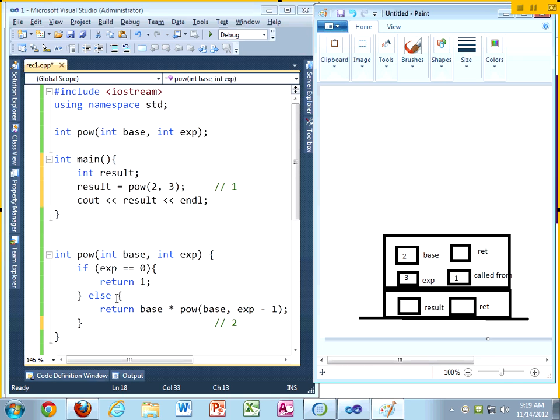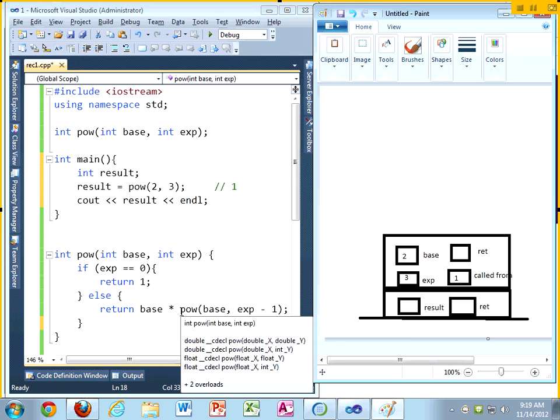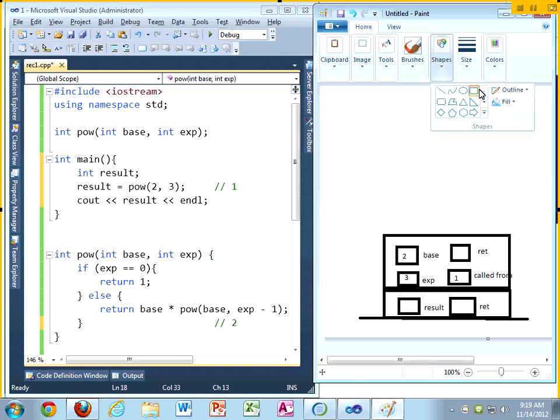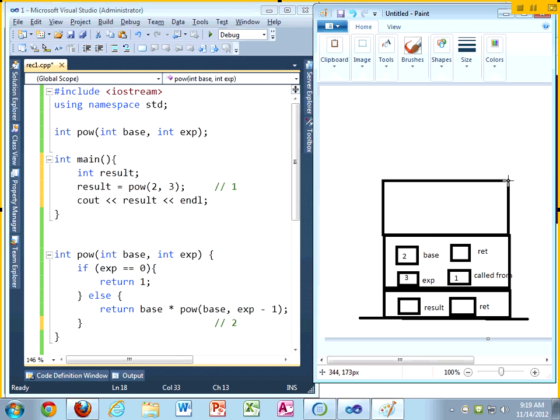Okay. So now I'm inside my POW function, and I'm going to start executing the statements inside it. Exponent doesn't equal 0, so I'm going to do the else part, and the else part involves a call to the POW function. So let me make an activation record for the POW function. Okay, and then I'm going to have those same 4 things.